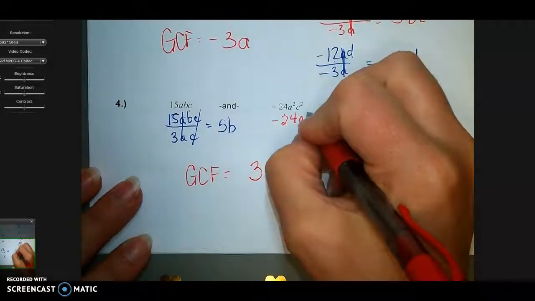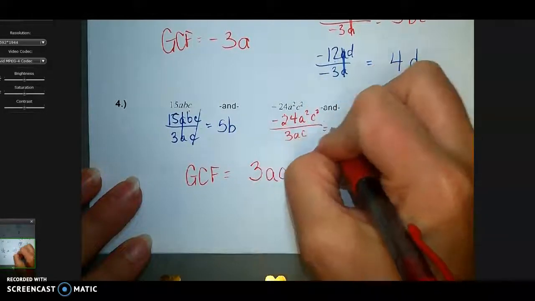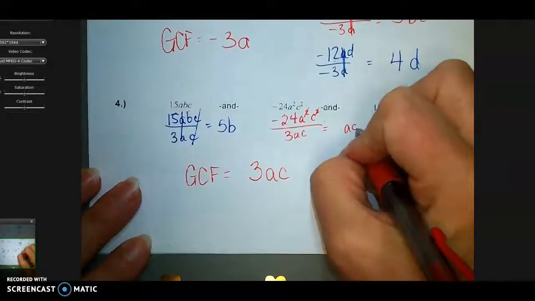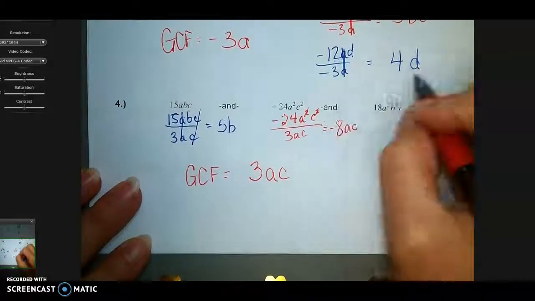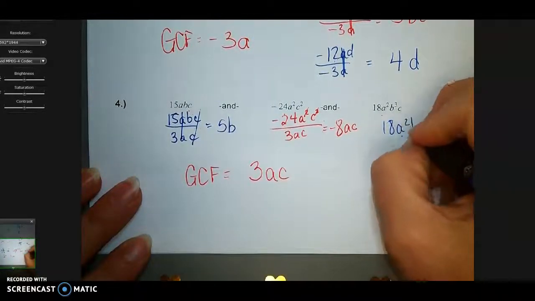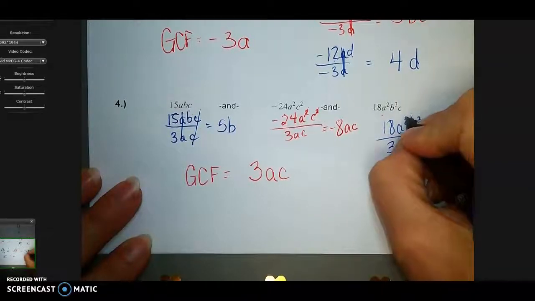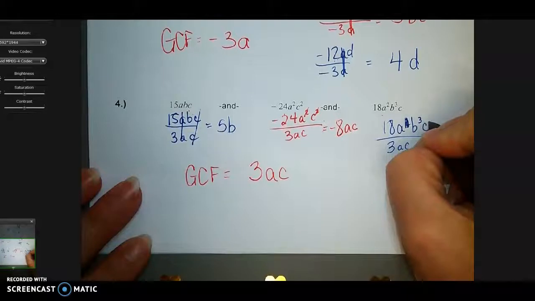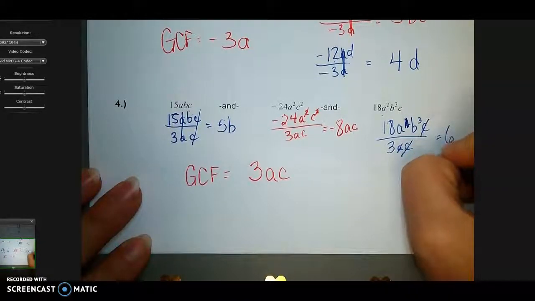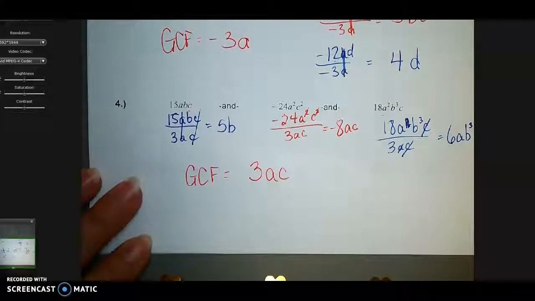My negative 24a squared c squared, only one of those is going to cancel out, and both of those, so I'll still have an a and a c left with a negative 8, and 18a squared b cubed c divided by 3ac. Once again, only one of those is going to cancel out. Those will completely cancel out, and I'll get 6ab to the third power.